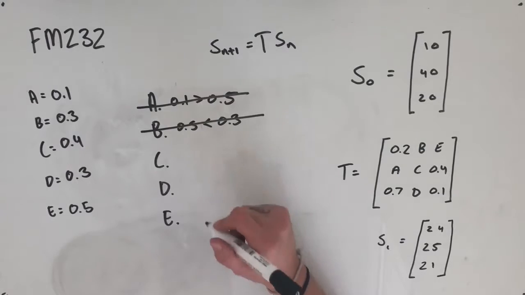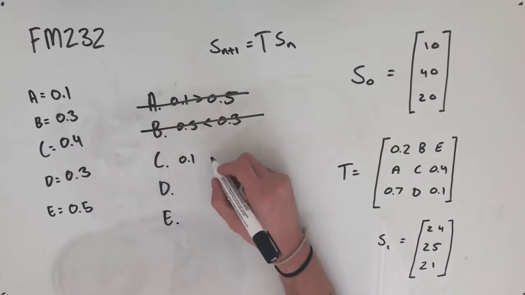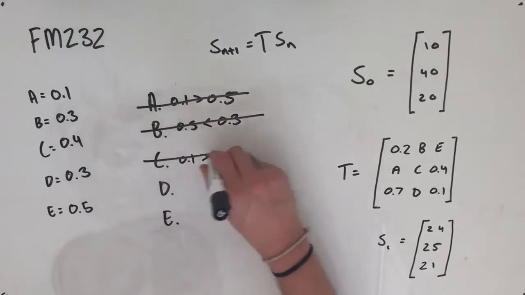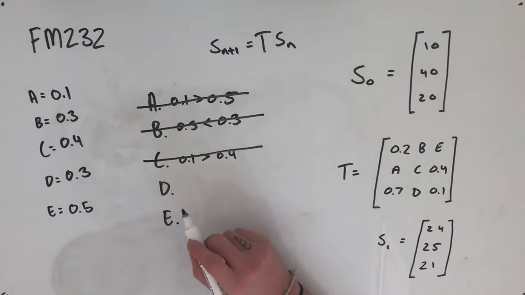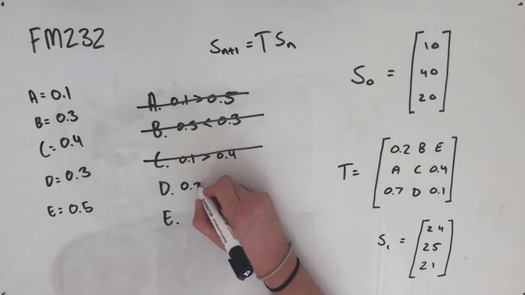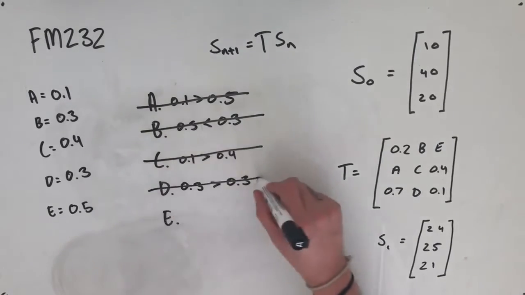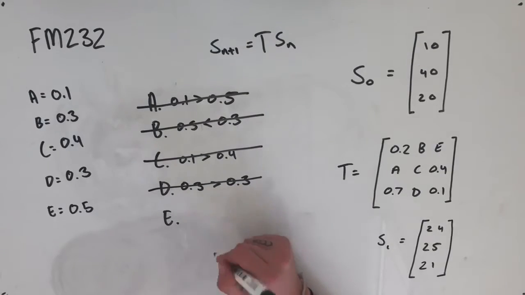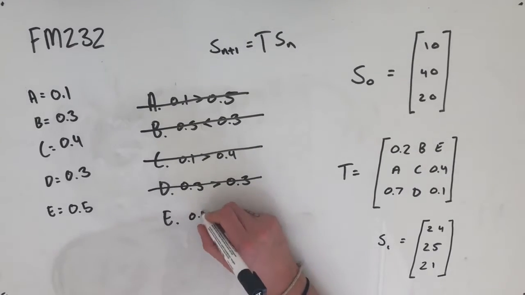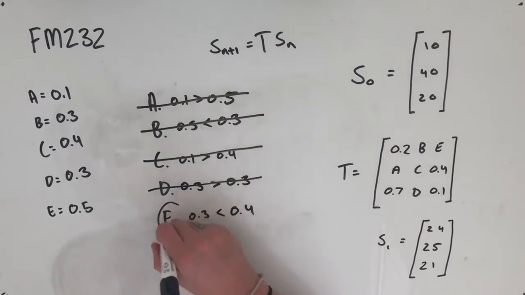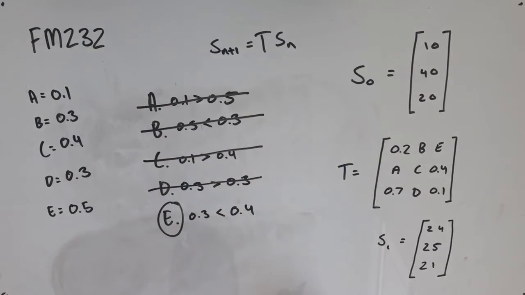C suggests that 0.1 is greater than 0.4. Incorrect. D says 0.3 is greater than 0.3. Incorrect. And E says 0.3 is less than 0.4, which is our correct answer.